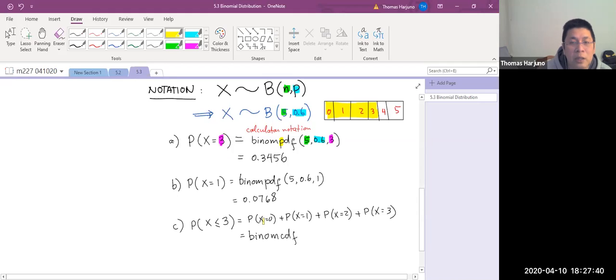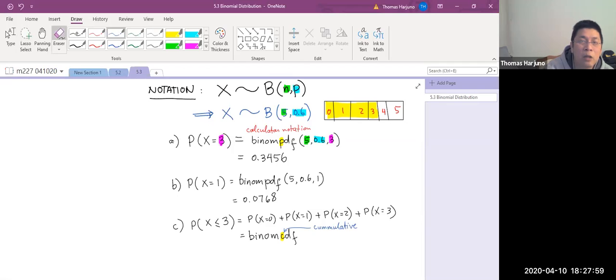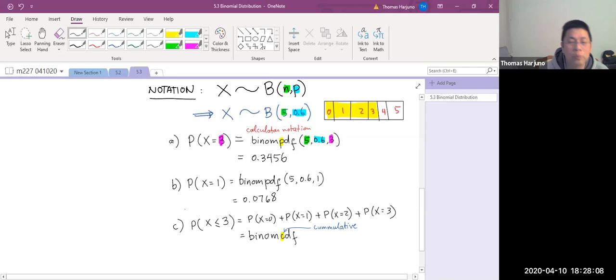The C there actually stands for cumulative, the same understanding as the regular word cumulative we know. When we say cumulative, it is up to, okay? So probability up to 3. Binomcdf, the notation is the same as what we learned before.